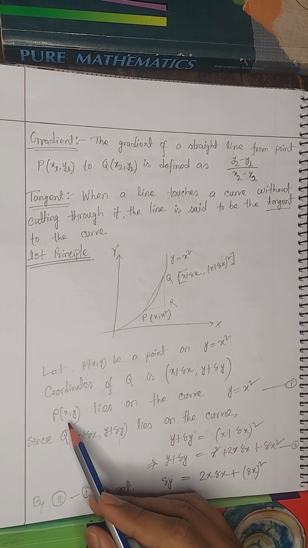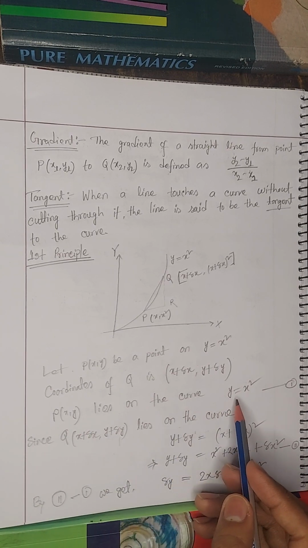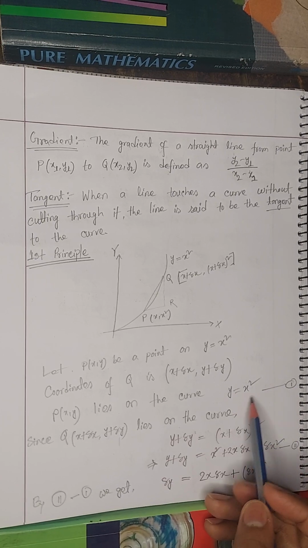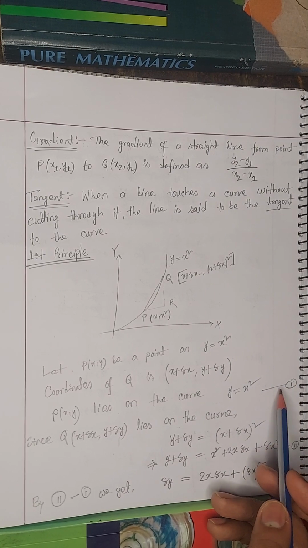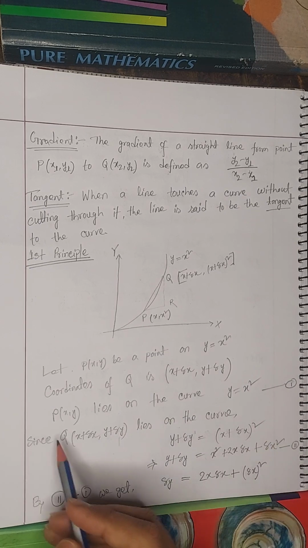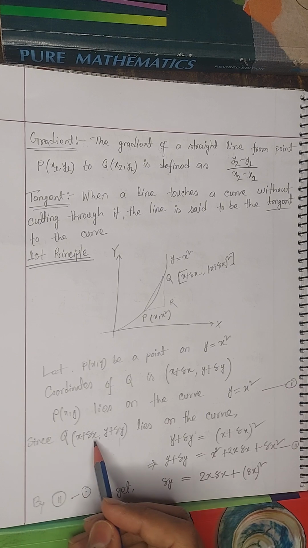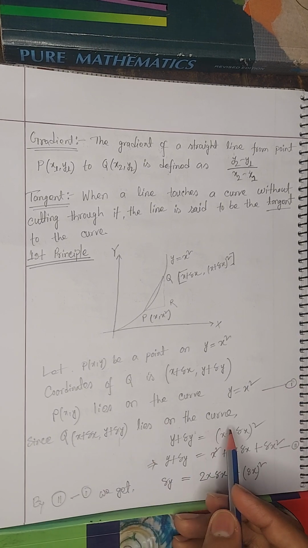Here the point P(x, y) lies on the curve y equal to x square. I gave this equation a number, equation 1, and the point Q, which is x plus delta x and y plus delta y, lies on the same curve.